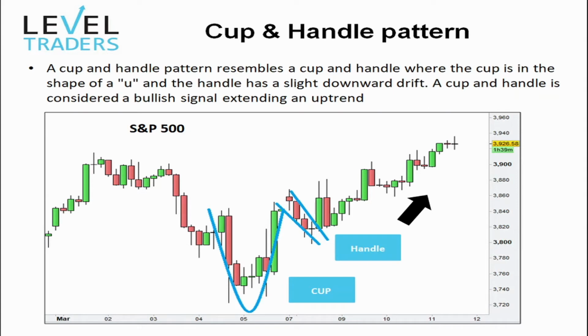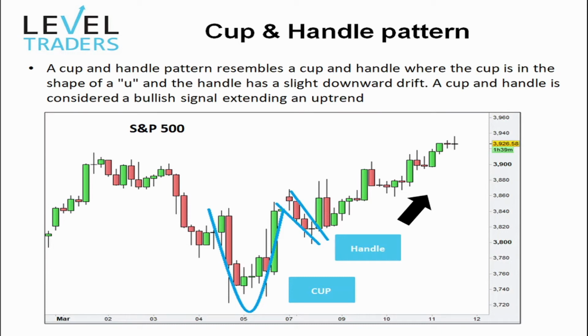Now a couple of pointers to take into account in terms of the duration. So the cup can extend anywhere between 1 to 6 months, sometimes even longer on weekly charts. Then if we look at volume, there should be a substantial increase in volume on the breakout of the handle above the resistance area. That's important as well. And then the target. So how do we work out the target?